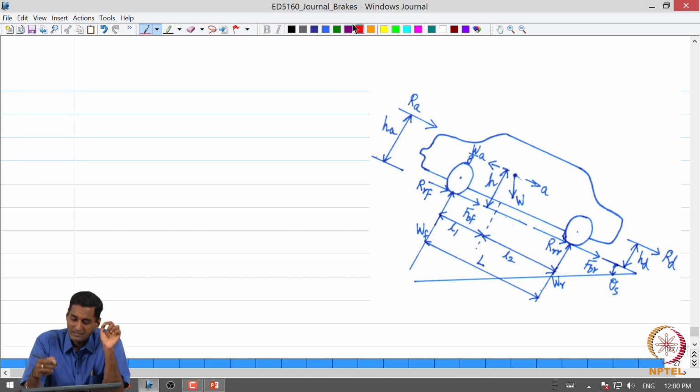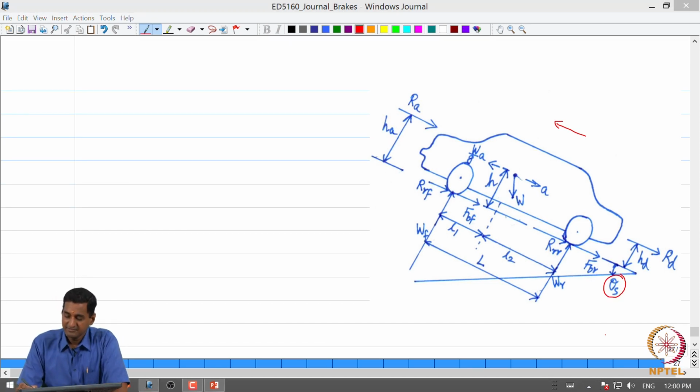We considered that the vehicle was moving up a grade of angle theta s, and the vehicle's weight is W. The wheelbase is capital L, the CG is located at a distance of L1 from the front wheel center and L2 from the rear wheel center.